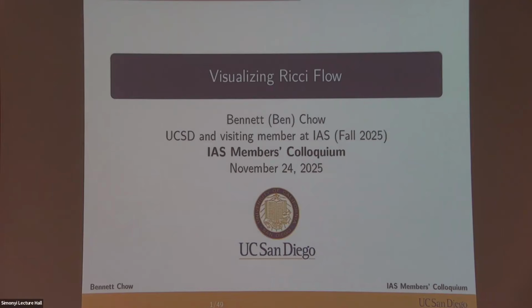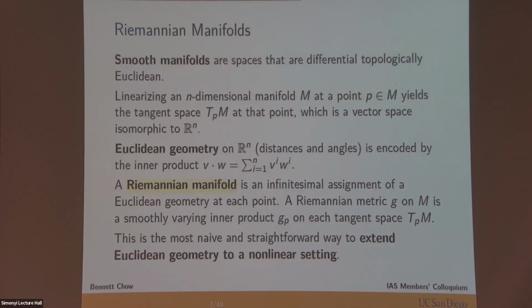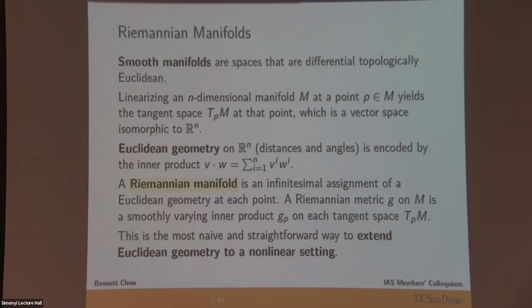Today I'll be talking about visualizing Hamilton's Ricci flow. The idea is that Riemannian geometry can be thought of as the most naive and simplest way to transfer Euclidean geometry, namely the notion of distance, length, and angle, to a nonlinear setting.